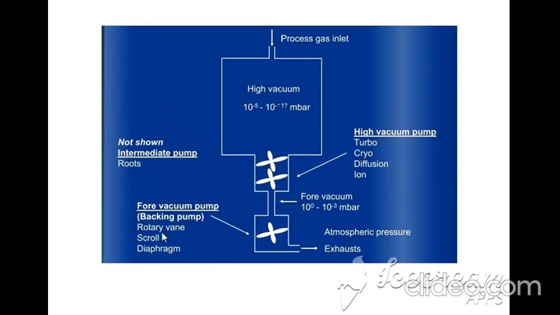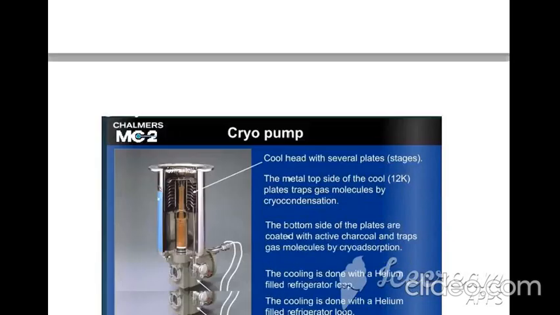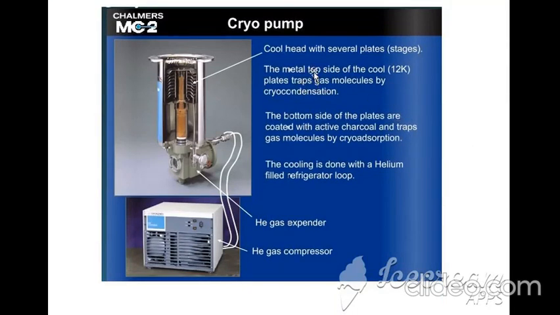You know these types of pumps, but many of you don't know about cryo pumps, diffusion pumps, and ion pumps, so I just give you an introduction to these pumps. In the first diagram you can see a cryo pump, and if you want to know the detail about it, you can stop the video and read all the data about it.